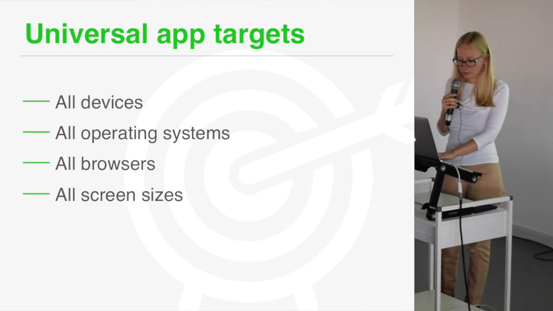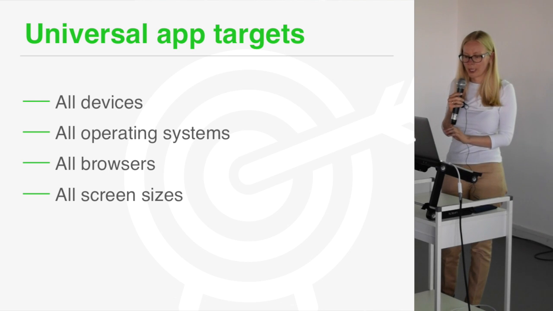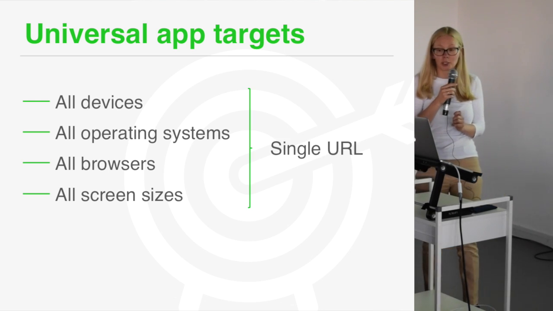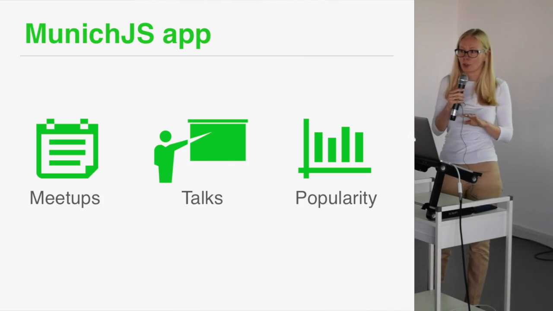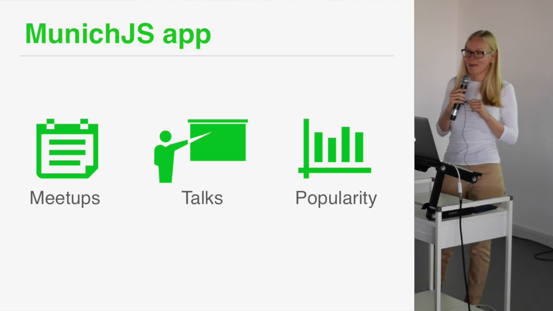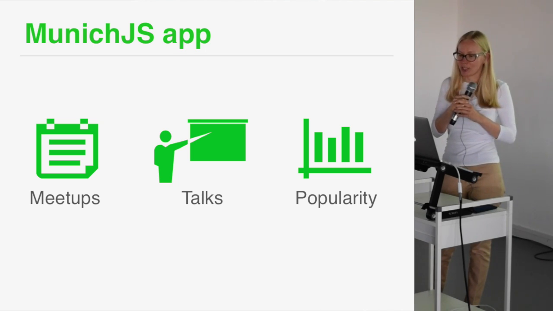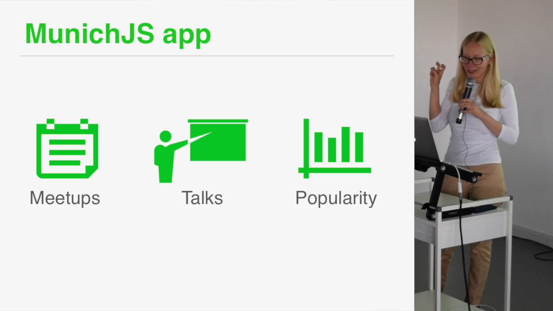I would like to show you the main advantages of ExtJS in action, so you can be sure that it's not just marketing text. To show key features of ExtJS, I created a small demo application, MunichJS app, that shows a list of last meetups, a list of talks for every meetup, and a MunichJS popularity chart.